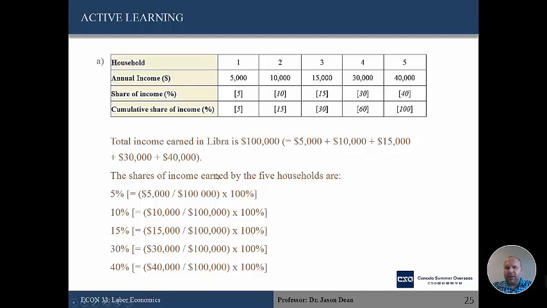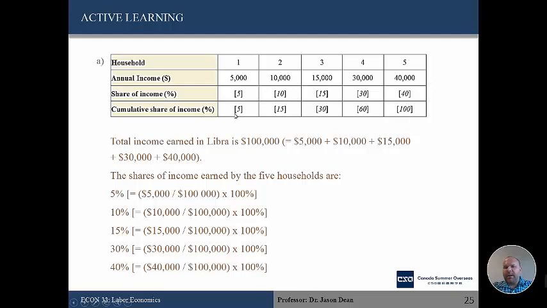The share of income is obtained by taking this and dividing it by the total income. The total income is 100,000, so we add them together and divide the annual income in each category by 100,000. We get 5%, 10%, 15%, 30%, and 40%.